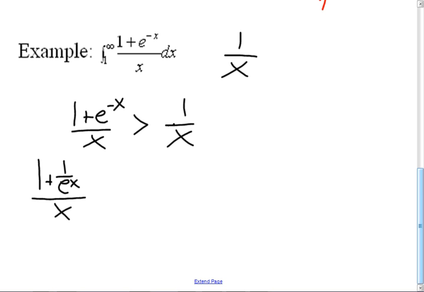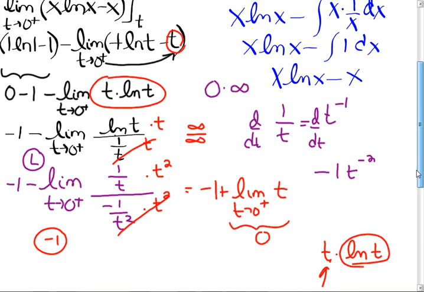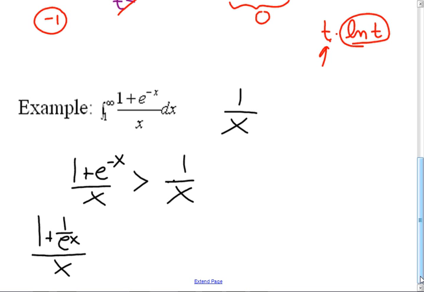From 1 to infinity, does that diverge or converge? It diverges, remember? We said it goes to infinity. This one is bigger than that. This diverges. So this one diverges by the comparison test.